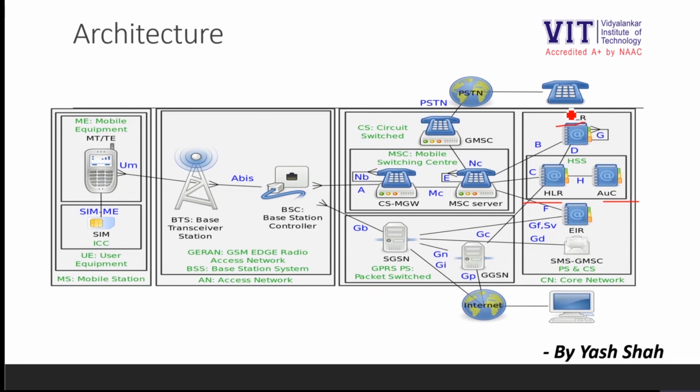Let us move to the security aspect. The security in GSM mainly comprises three goals. The first goal is to achieve authentication. The second goal is to achieve anonymity. And the third goal is to achieve confidentiality. Authentication means the core network authenticates the mobile station, checking whether the mobile station is a registered user or not.